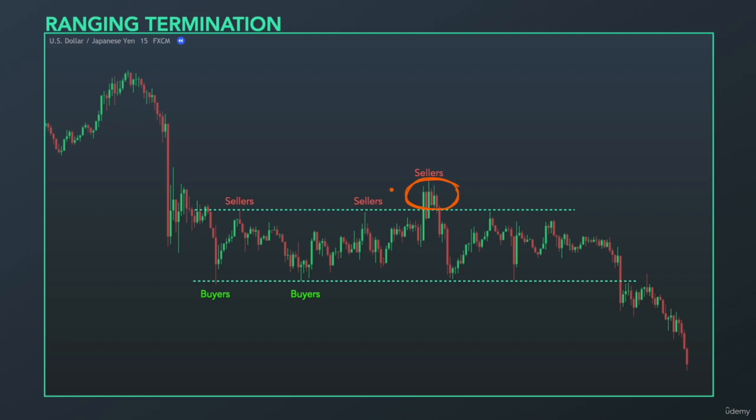Now, this one you will learn in our support and resistance lesson. All right. So, sellers are defending this upper end, and then buyers are defending this lower end until price decided to break down. So this is our confirmation that this range is already finished, and we are now going to see a downside move.